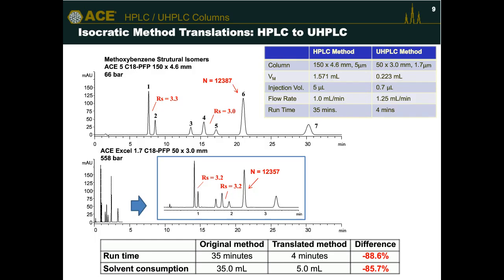So here it translates the injection volume and the flow rate, and you should get the equivalent chromatography in a faster runtime. But we do need to have a higher pressure system to run this type of column.